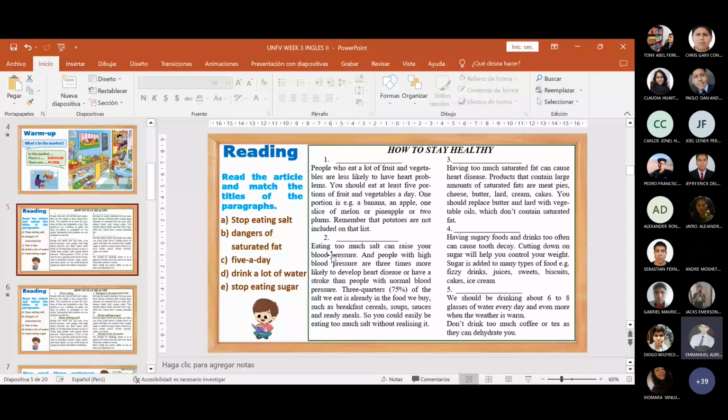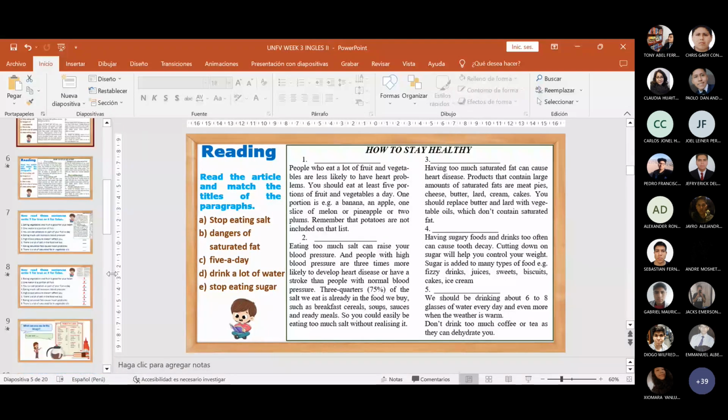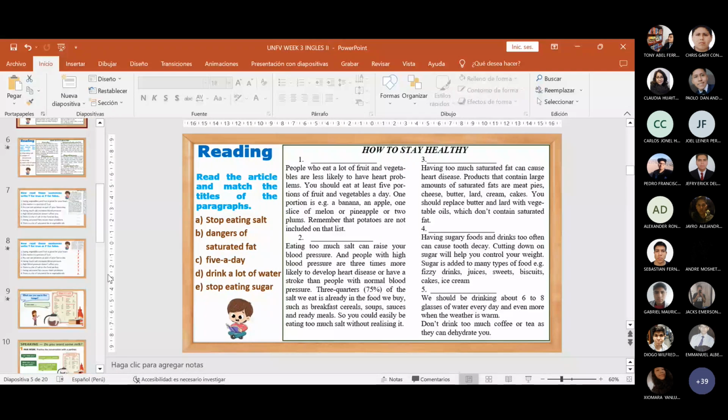Stop eating salt. What about number 3? Dangers of saturated fat.